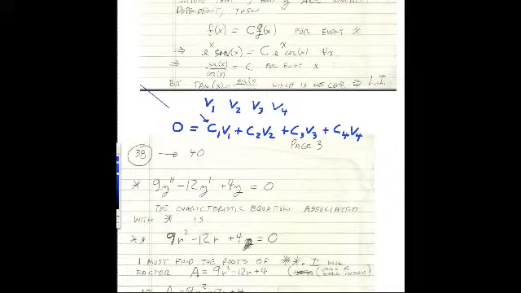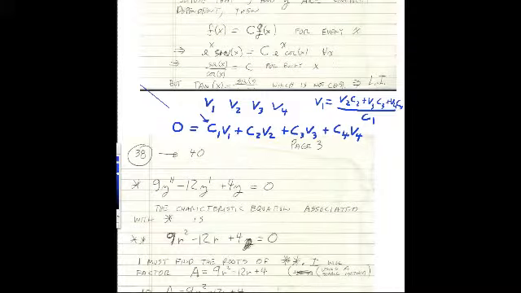I can write down V1 as C2 times V2 plus C3 times V3 plus C4 times V4, and I can actually divide by C1. So this is a way of defining what linear independence is.